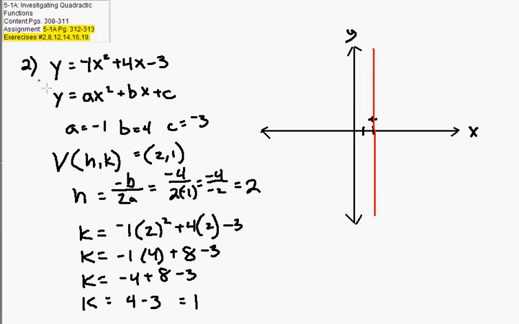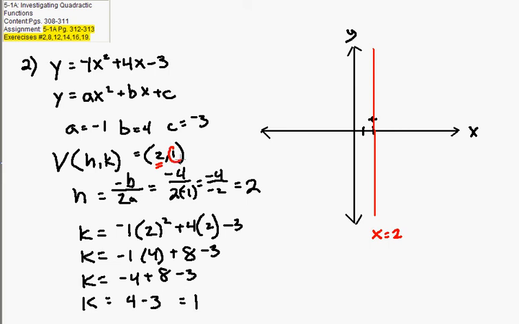And the equation for that line is x equals 2. Remember, this tells us the number that we're setting equal to x. That's our equation of the line of symmetry.